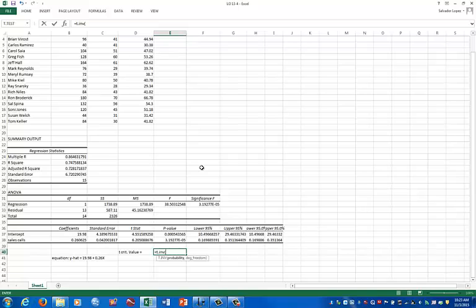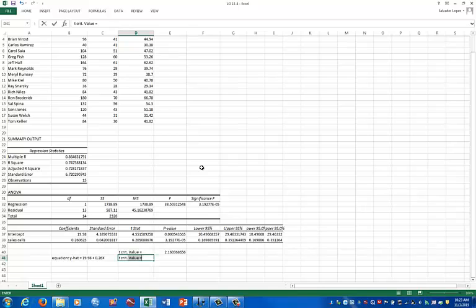If it is a two-tail test at 5%, my upper tail will be 0.025. So the remaining tail to the left is 0.975. So let me just put 0.975. And then comma, the degrees of freedom will be, in this case, 13: 15 minus 2, n minus 2. And my critical value will be 2.16 for a two-tail test.